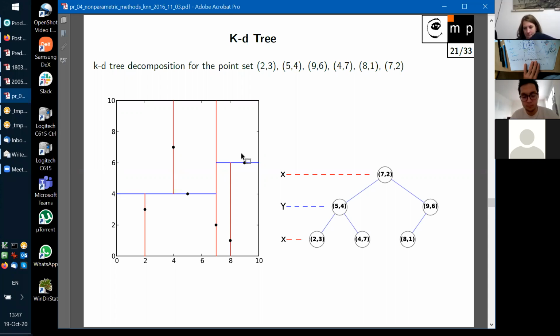So now, if we come back to the properties, we see that we have something which is fast, because the speed is something like a couple of times log n. There are libraries, the most popular of which is called FLANN, that implement something slightly more complicated, because one KD tree could be very unpleasant for certain points.